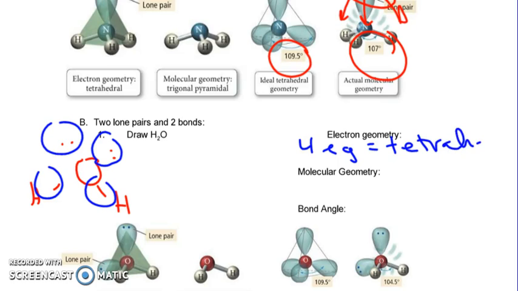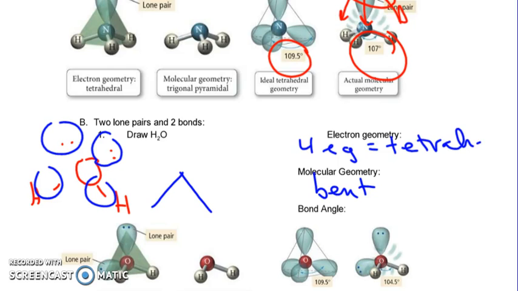But watch what happens. Here's my tetrahedral for water, and this is where you need to use your eraser again. How many lone pairs do I have? I have 2 lone pairs, so I'm going to erase 2 of those, and now what's left? Well, I don't know about you, but it looks pretty bent to me. It's also called angular, but I think bent is actually more common.